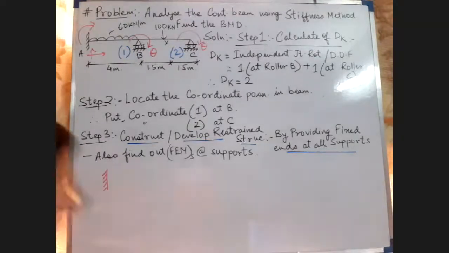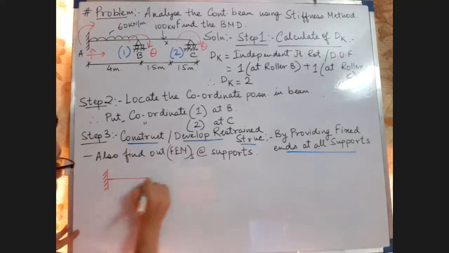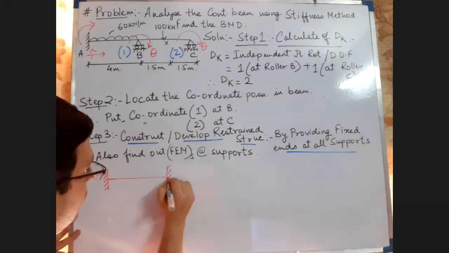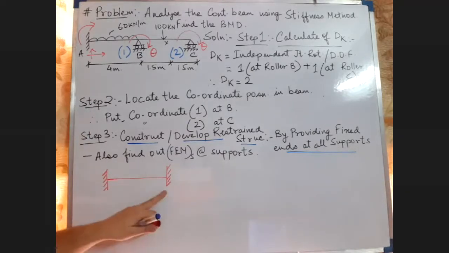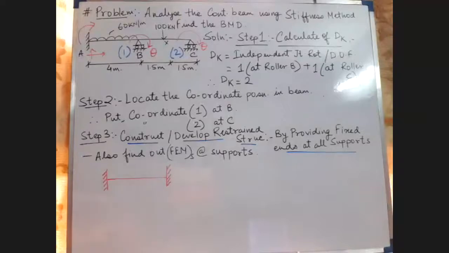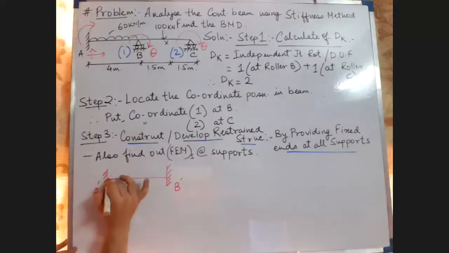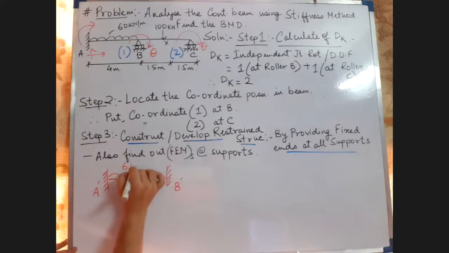So in the AB beam, we will provide fixed end. We are just providing fixity, nothing more than that. Let me mark it A dash B dash, and it is subject to UDL, 60 kilonewton per meter.